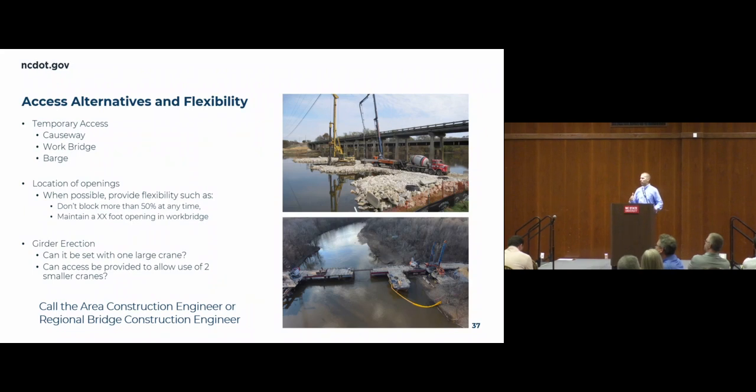And so generally, I like to recommend a causeway when I think it can work, because if the contractor chooses to use a work bridge later, it's a lot easier to get permission from the agencies to switch from a causeway to a work bridge than it is if we show a work bridge and say, now we're going to dump a bunch of riprap in the creek, right? So if a causeway is a viable option, and that may be the most effective, I will generally recommend a causeway. And then if the contractor says, no, we're going to put a work bridge, pretty easy change, right? So just something else to consider.